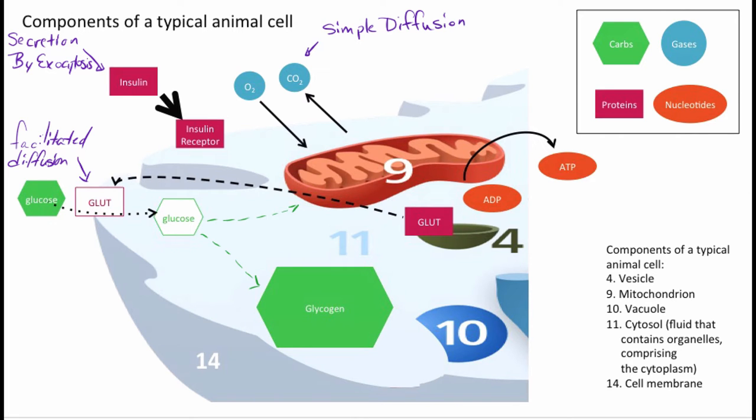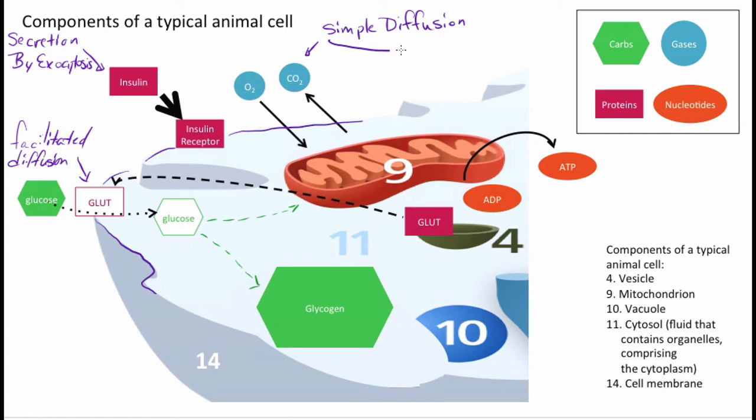I'm hoping this is the payoff slide, because remember I told you at the beginning that we were going to be talking a lot about why, how, when, if substances can cross the plasma membrane.